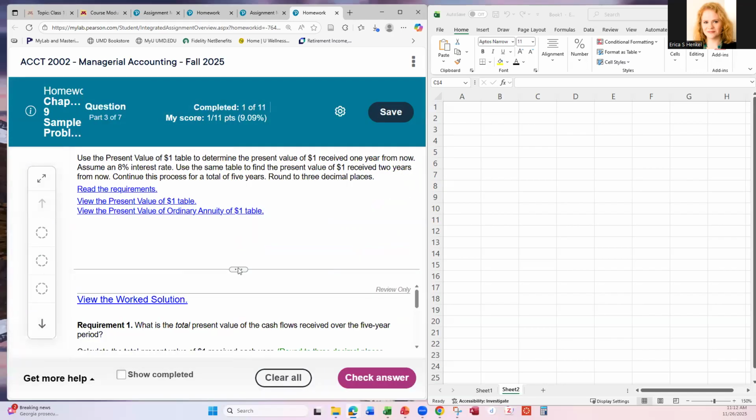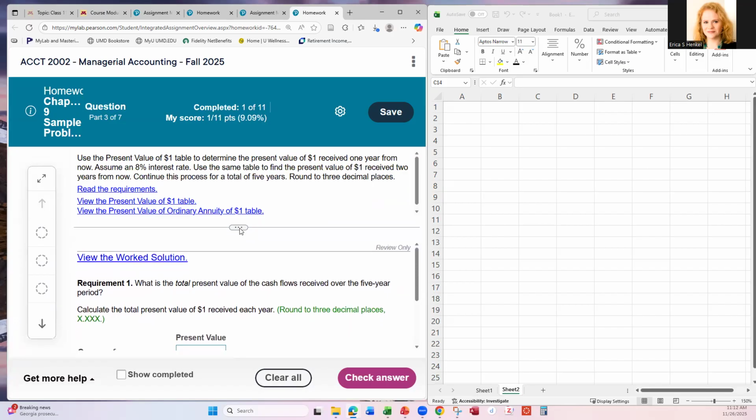Okay, so we've got $1, and we want to know if we have an 8% interest rate. Oh, sorry, I got that backwards. We're doing present values. We have $1 that we're going to receive 1 year from now, and we want to know what it's worth in terms of today's dollars, which would be the present value.